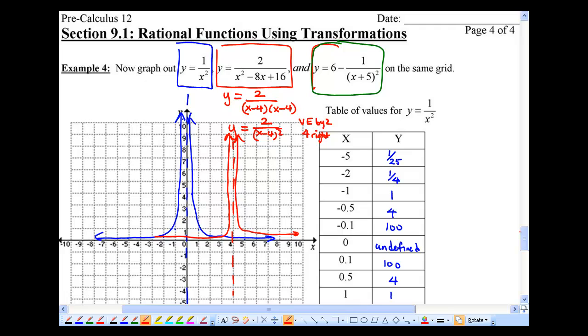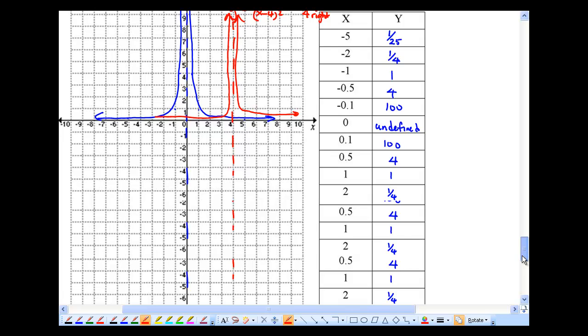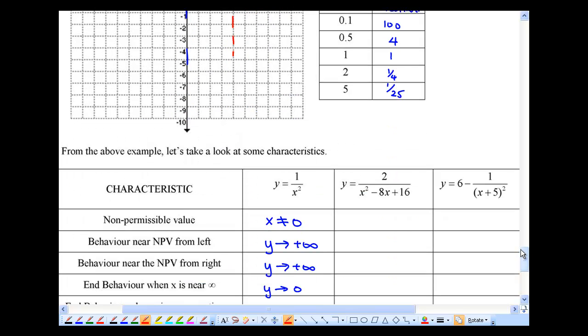I'm going to ask you now to go back down and do the characteristics for this one. Okay, now stop the tape and try it on your own. Then come back and play the tape.